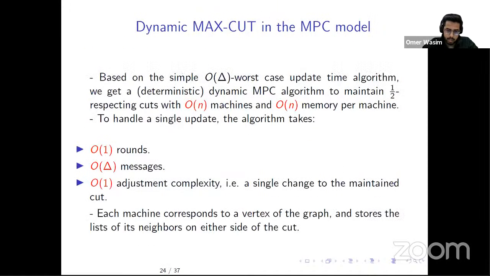This algorithm generalizes to the MPC model, and it gives us a fully dynamic MPC algorithm which is able to handle an update in constant rounds, delta messages, and the adjustment complexity is just constant. Here, the adjustment complexity is just the number of changes to the maintained cut.